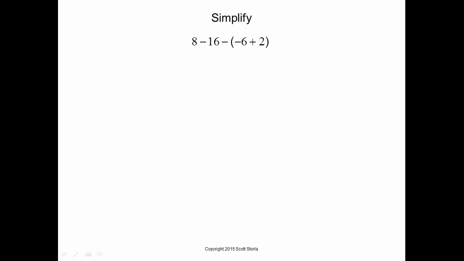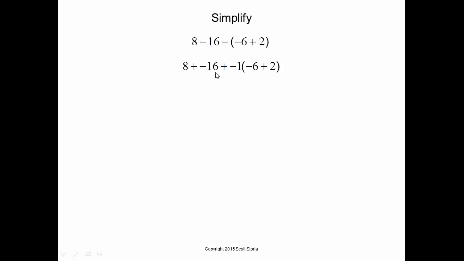Try this one. First, I'll change all subtractions to adding opposites. Again, remember there is a factor of 1 here, which changes from subtracting a factor of +1 to adding a factor of -1.